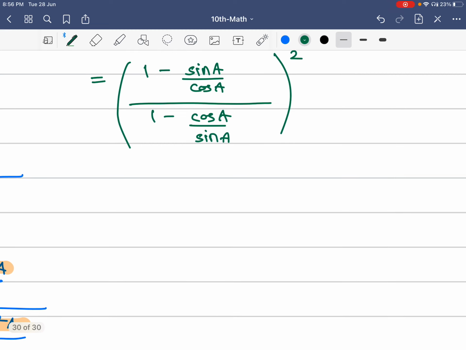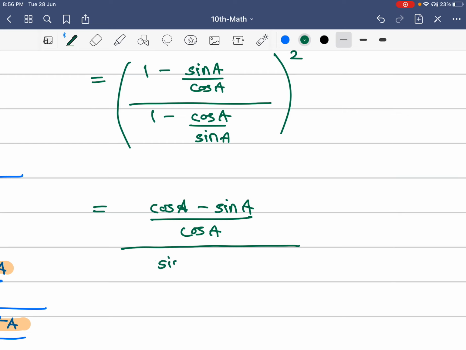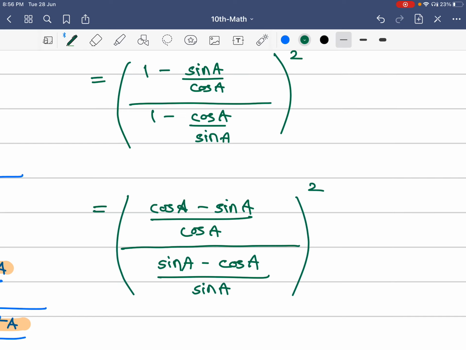Now that is equal to (cos A minus sine A) divided by cos A. That's our numerator, and the denominator is (sin A minus cos A) divided by sin A, and then this bracket whole square.